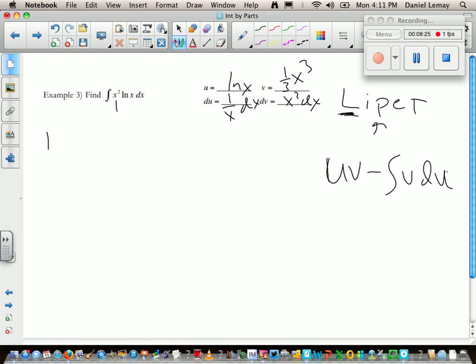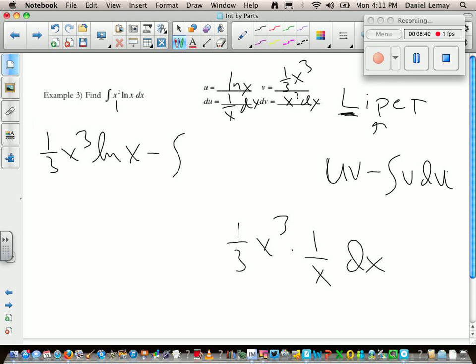So we're going to do 1/3 x cubed times ln x minus the integral. Now here's the tricky part. Actually, it isn't tricky. What I've got here is 1/3 times x cubed times 1 over x dx. Well, the 1/3 is a constant. Constants can come out in front of integrals, so we don't have to worry about them. And then I've got x cubed over 1 times 1 over x. Well, I can cancel out one of those x's.